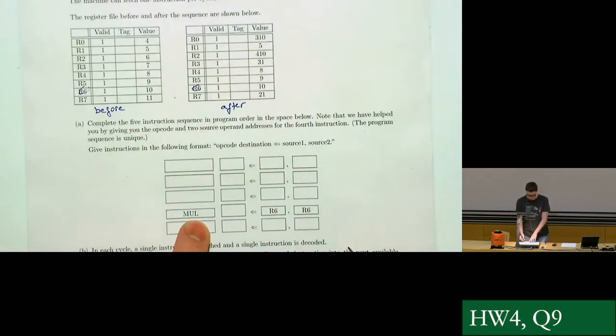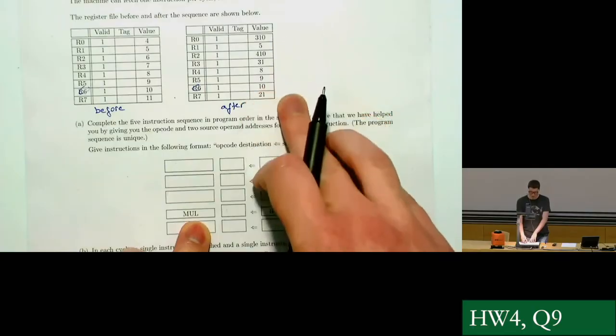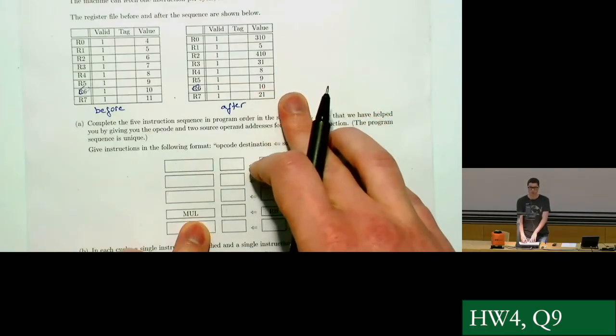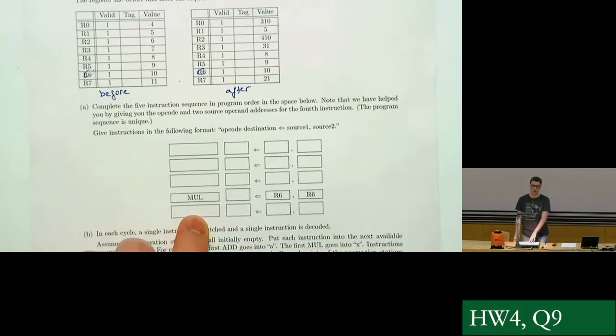So we know that the result of this multiplication will be 100, right? But we don't see 100 anywhere in the register file, right? So some other instruction has overwritten this 100, right? And there is only one possibility because we have only one instruction coming after this multiplication instruction here. So we don't know exactly what the destination register is, but just by considering this information, we can tell that the destination registers of those two instructions are the same.